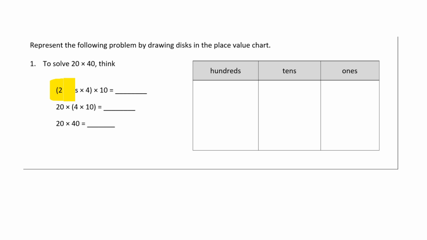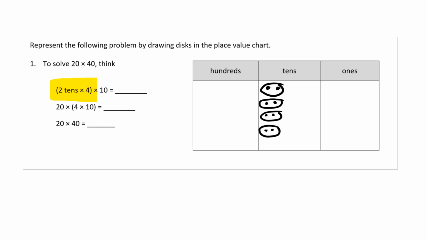2 tens times 4 would go first. And 2 tens times 4, if I put that on my chart, I have 2 tens, and I'm multiplying by 4, so I need 4 sets total. So there's 1 set, 2nd set, 3rd set, and a fourth set. So now I've done the multiplication.